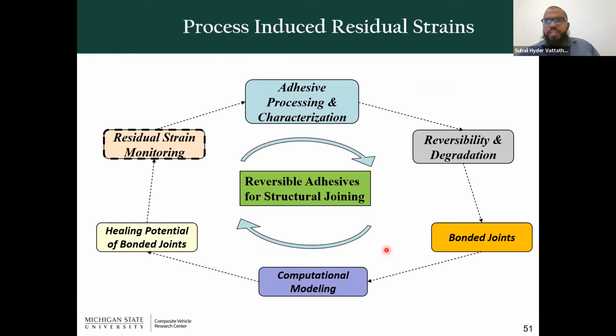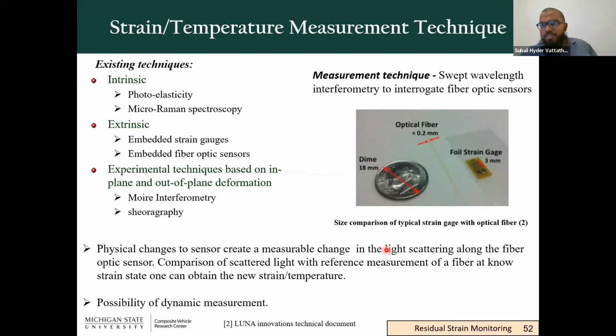Now, residual strain monitoring. This is another important aspect that we need to take into account, because most of the time when you do a computational model, we assume that when you make a structure, there are no residual stresses developed.